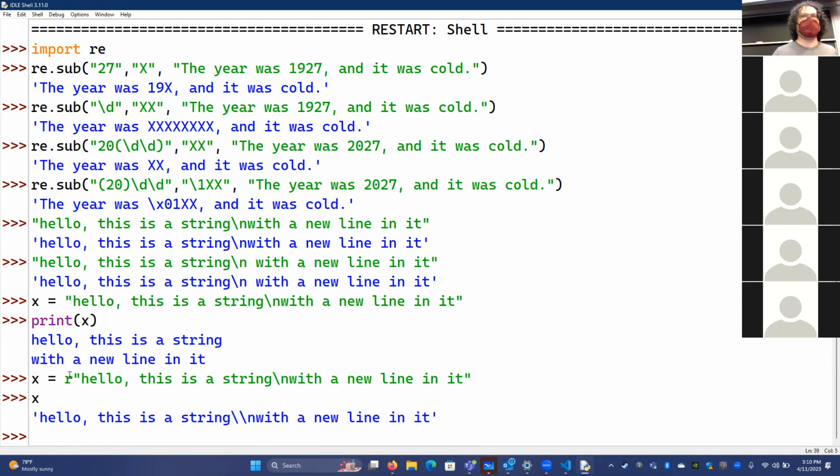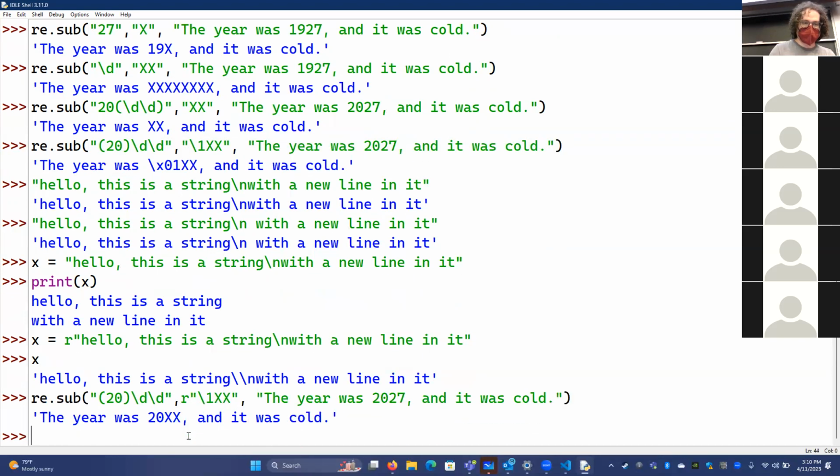R just simply takes things as they've been presented to it, and ignores all the escape characters or any special stuff that you put in there. So that can be useful sometimes when we deal with regular expressions. Let's see if that worked here. Yes, it does.